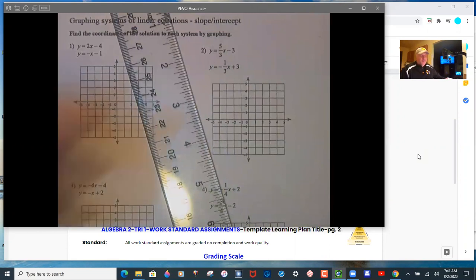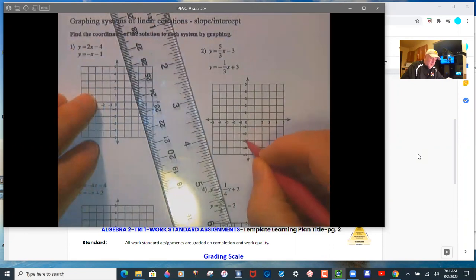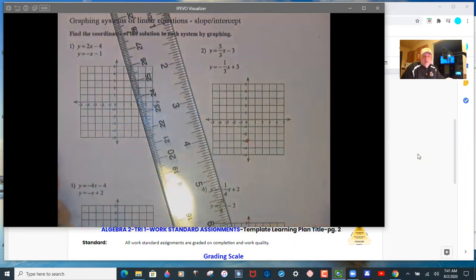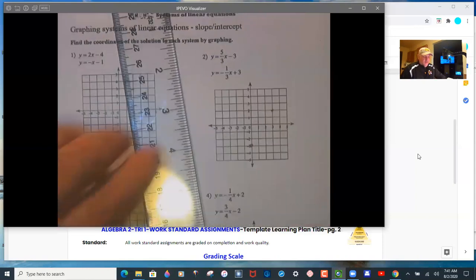So when y is solved for, it is the absolute easiest. You're going to use something called, if it works well, the slope-intercept technique. So you're going to start with the y-intercept at -3 and then do 5/3, up 5 and right 3, to get your other point and draw the line.